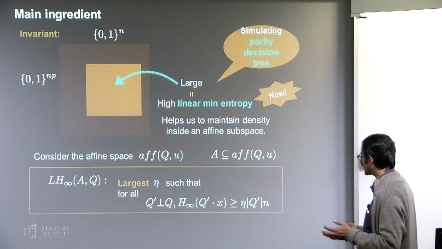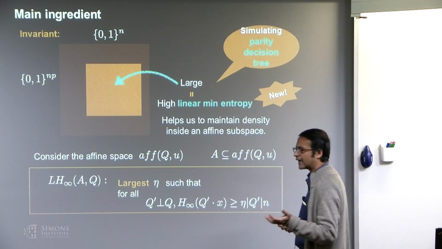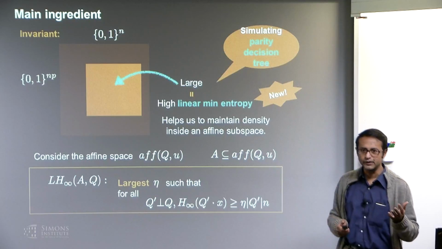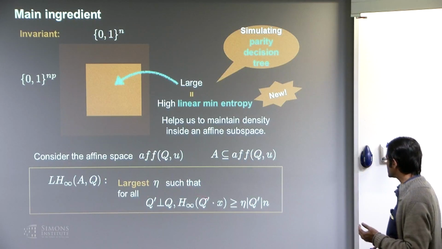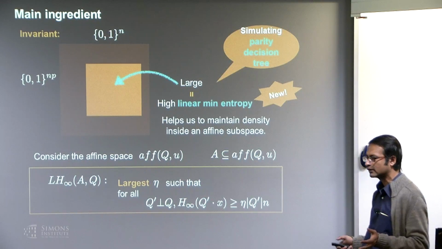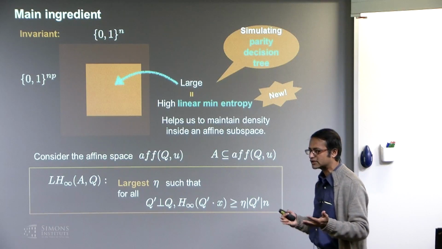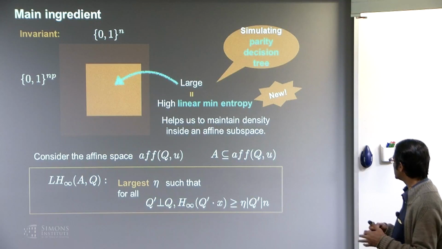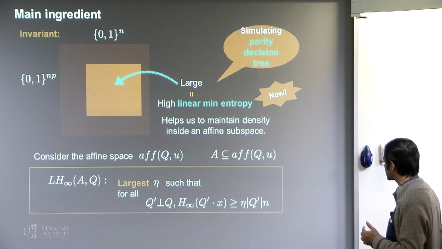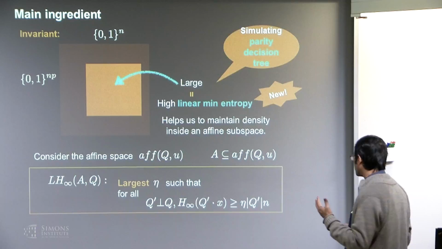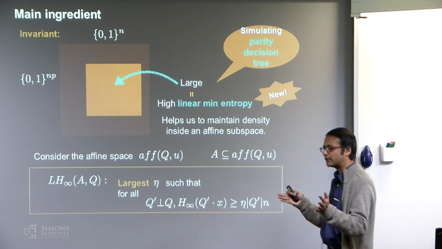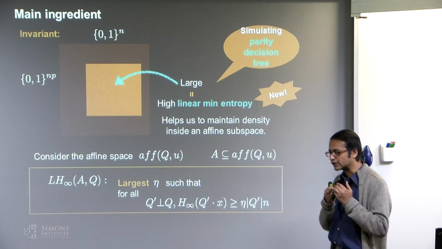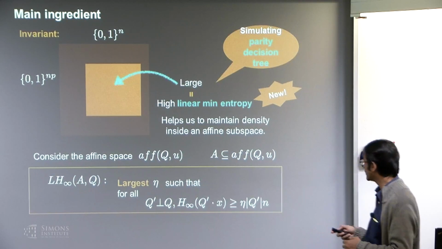This is the linear analog of block min-entropy, right? Each Q prime defines a block after a linear transformation, and corresponding to that linear block, the min-entropy has to be large. This has to be true for every block which is linearly independent of the set of queries that you have seen so far.